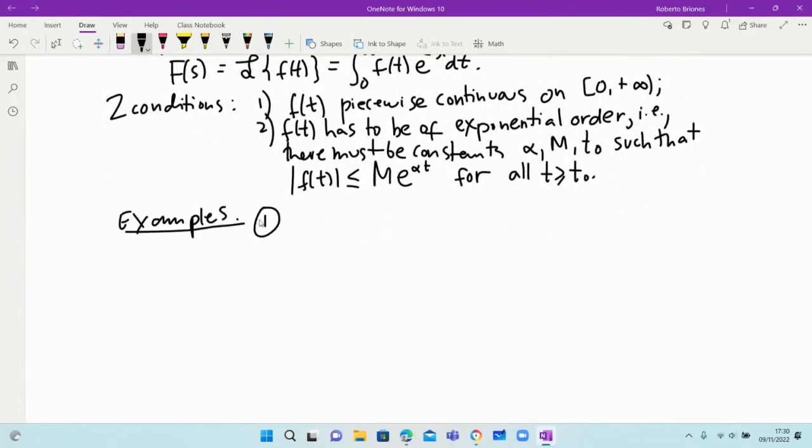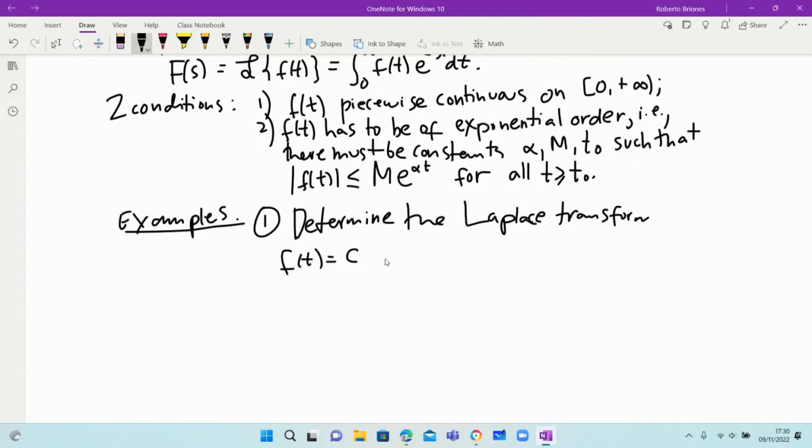Number one, determine the Laplace transform of the constant function f of t equal to c, where c is a constant.